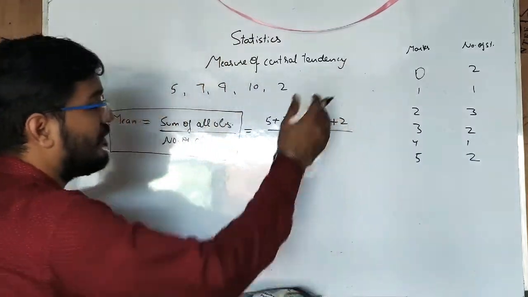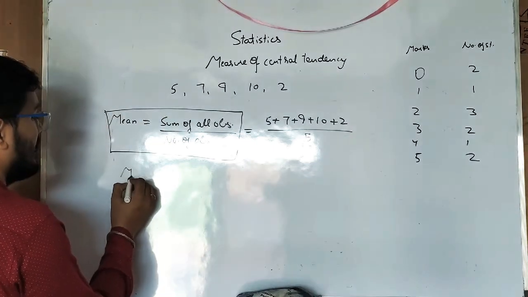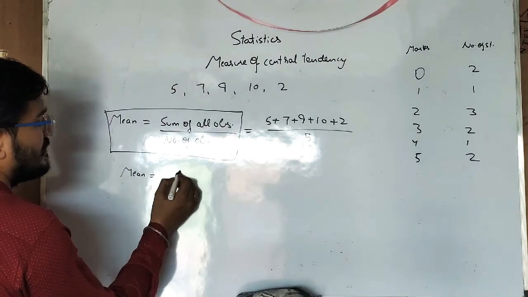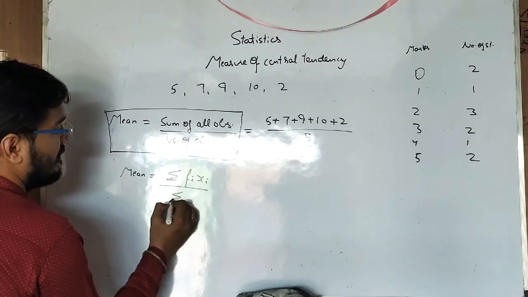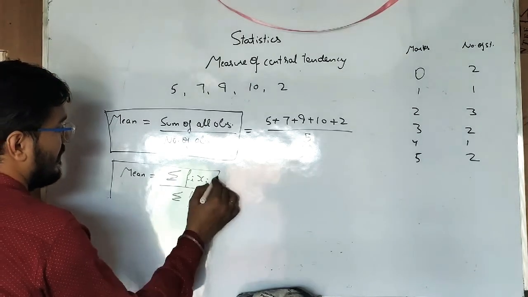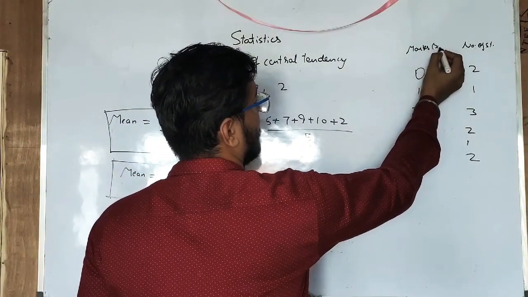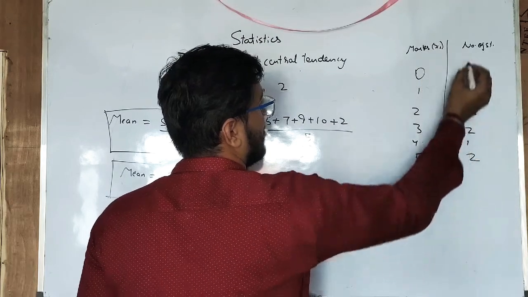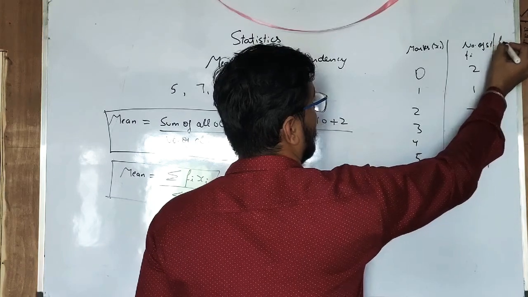Now to determine the mean for this, the formula is mean equals sigma fi xi upon sigma fi. Sigma means sum of all observations. This is xi, this is fi, and we make one more column of fi xi.